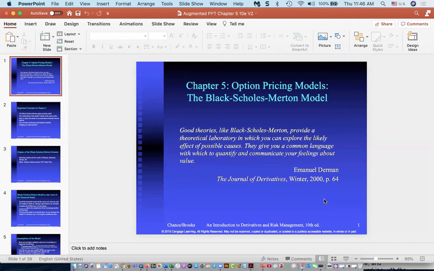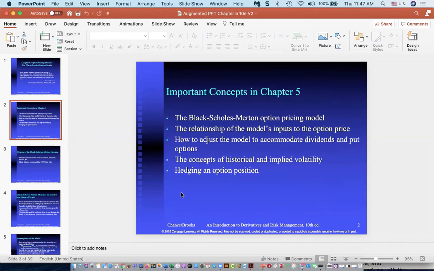Every day, millions of traders use the Black-Scholes option pricing model. Like in your financial calculator that has time value of money and other ways to figure out the price of a stock, there are some advanced calculators where you just put in the variables and it gives the value for options. Okay, so let us find out what that is.